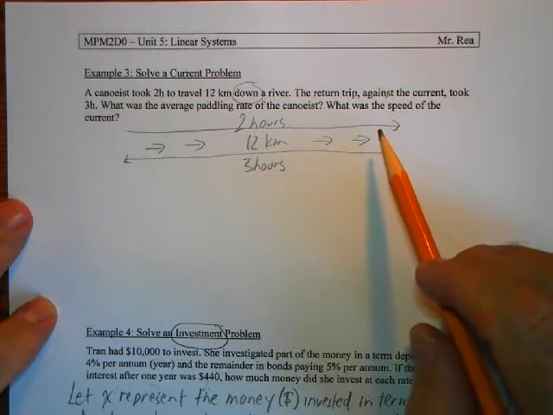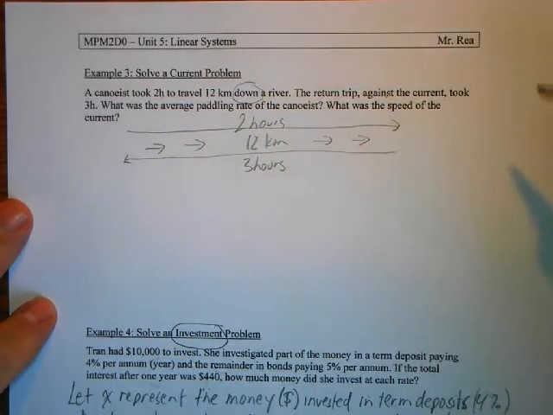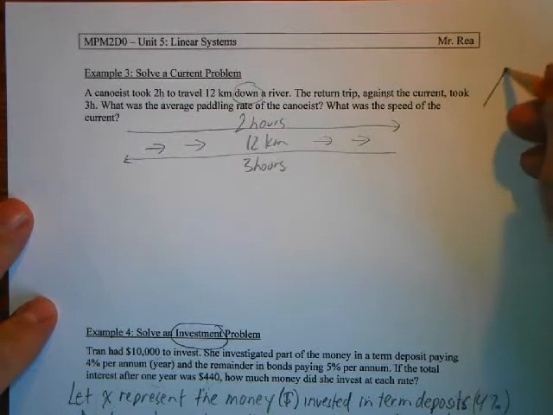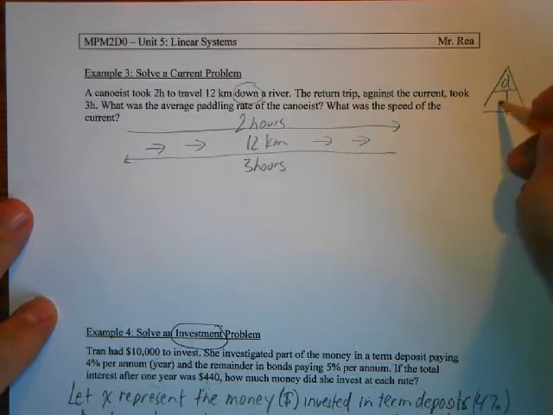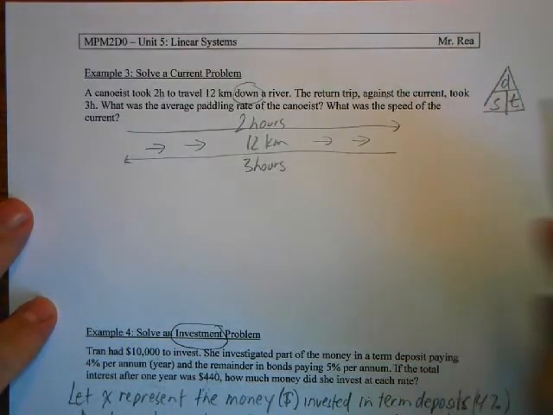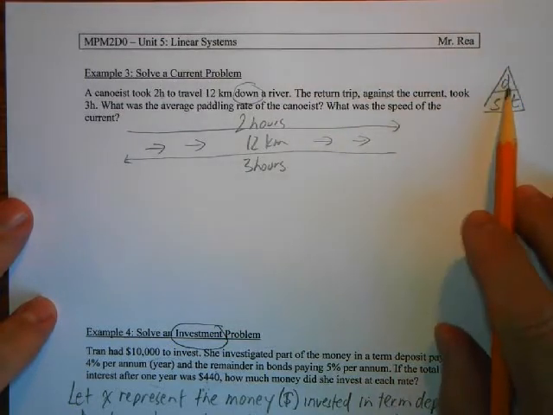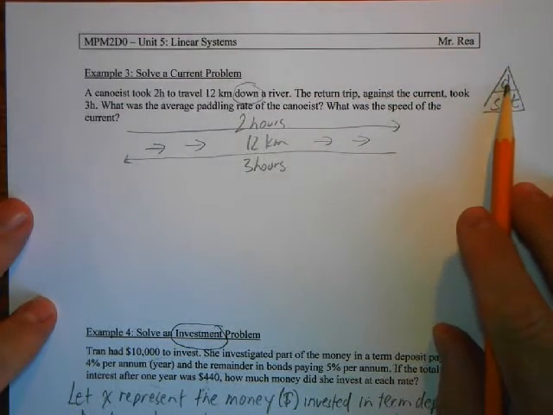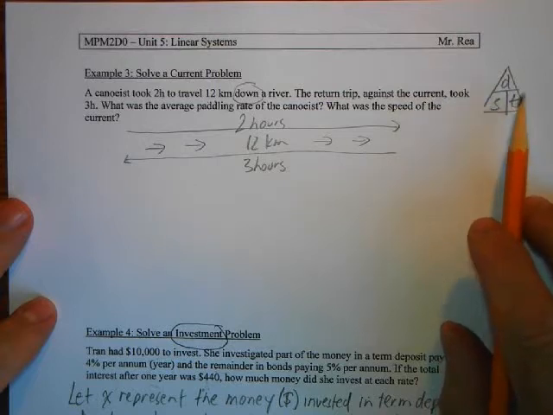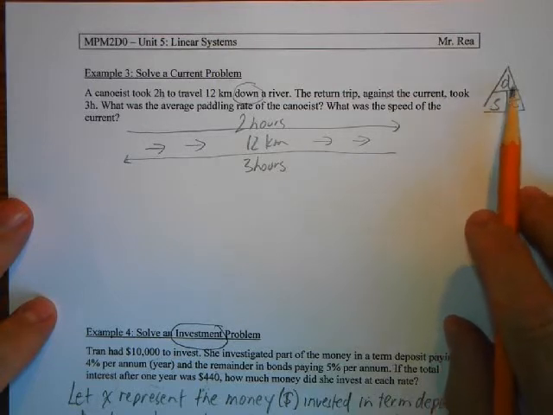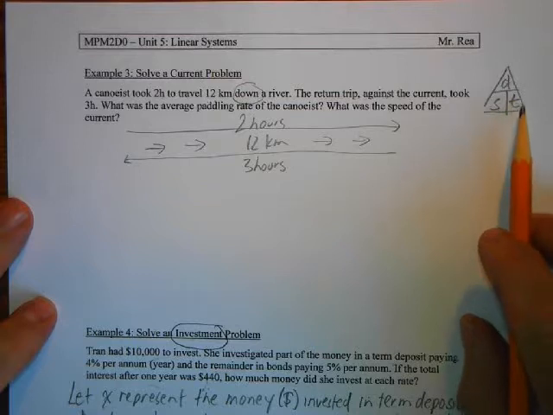You may have seen this triangle in your science class, d, s, and t, or maybe d, v, and t for velocity. Anytime you want an equation like this, the distance is equal to the speed times time, or the speed is the distance divided by the time, or the time is the distance divided by the speed.